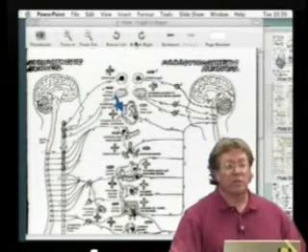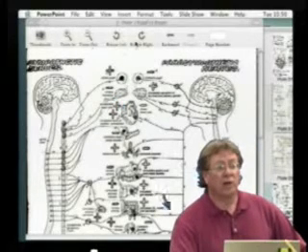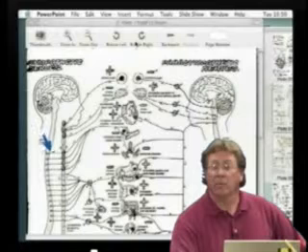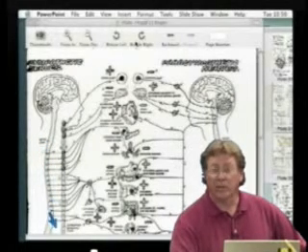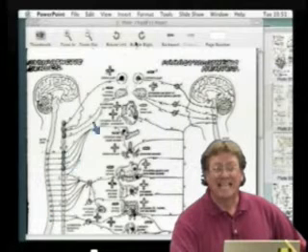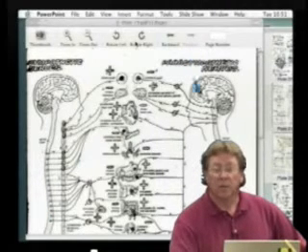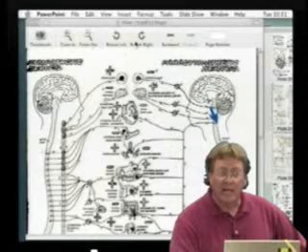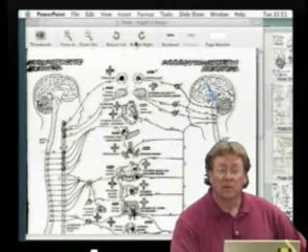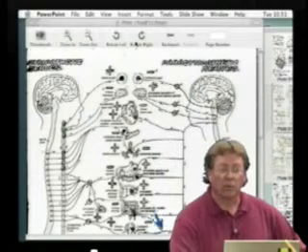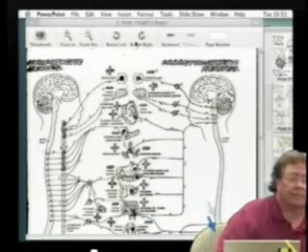In the sympathetic nervous system, cells arise from the spinal column in the thorax and lumbar region of the spine. In the parasympathetic nervous system, cell bodies arise from the cervical region and sacral, which is down here.